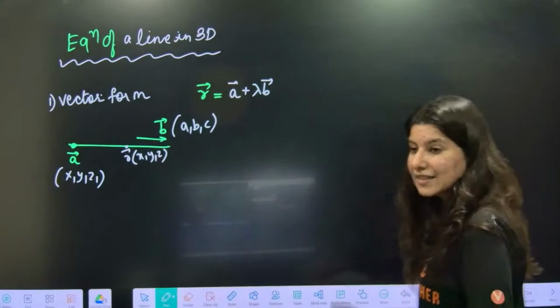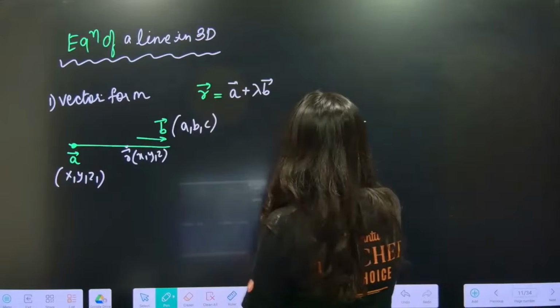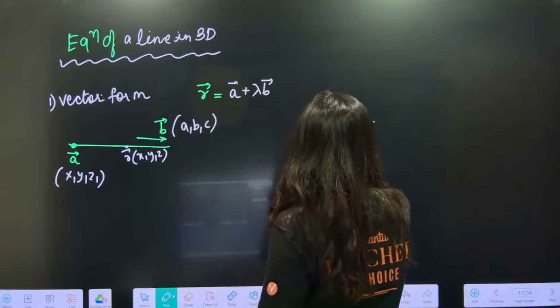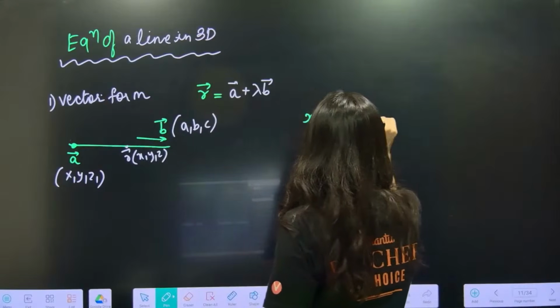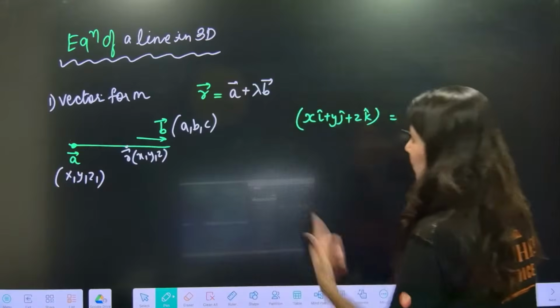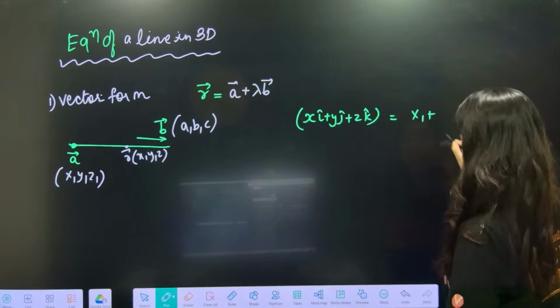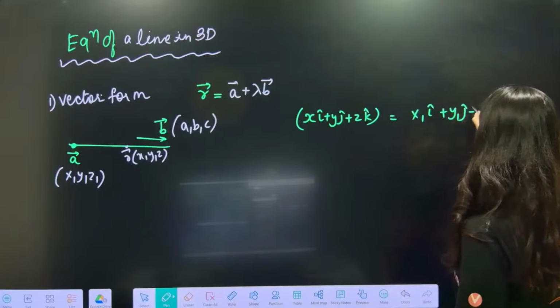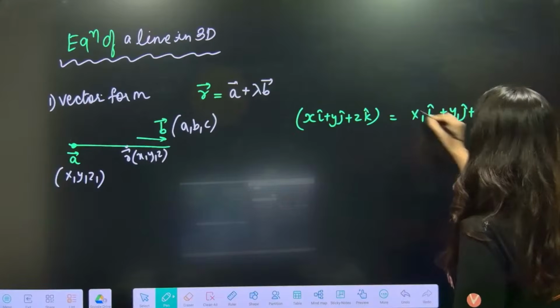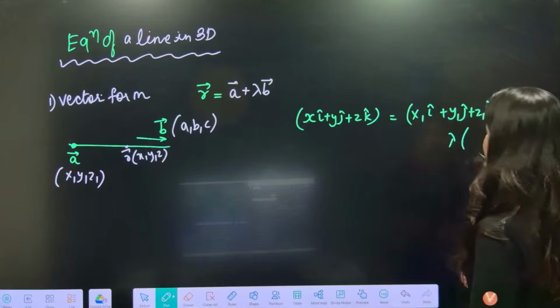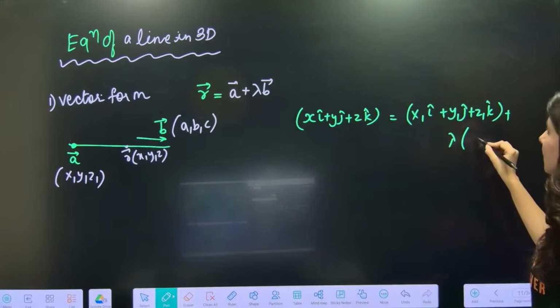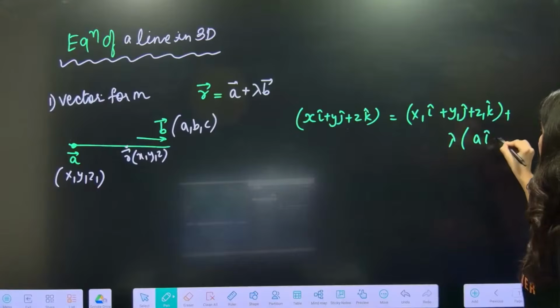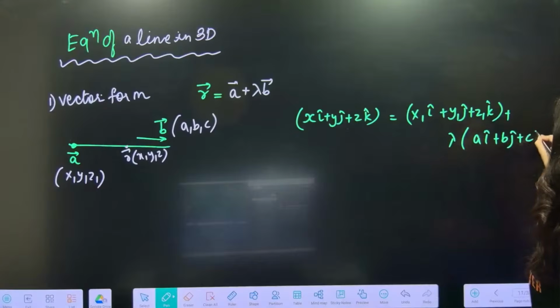So basically R vector is x i cap plus y j cap plus z k cap, which is equal to A vector, x1 i cap plus y1 j cap plus z1 k cap, plus lambda times b. So b vector is a i cap plus b j cap plus c k cap.